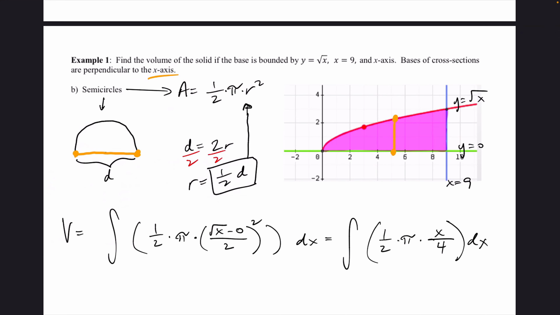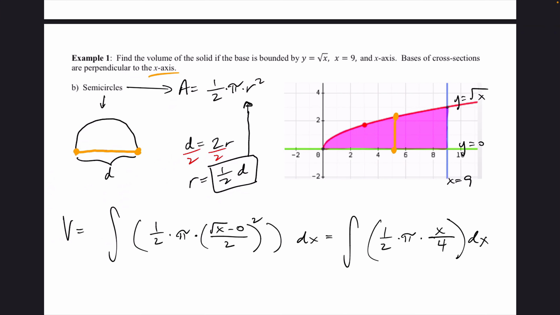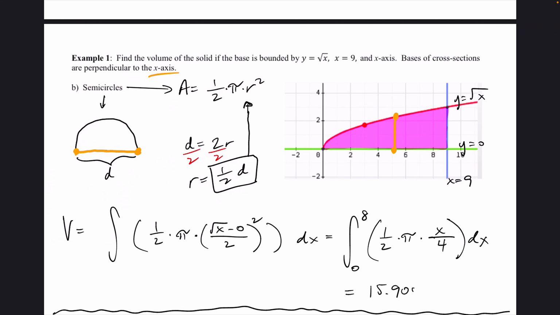And then you could even multiply that together. You could say x over 8. Then the bounds are the same as the last one because it's dx, so it's 0 to 8. So verify that you got 15.904.